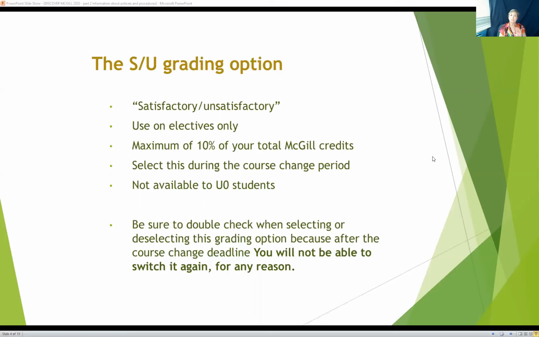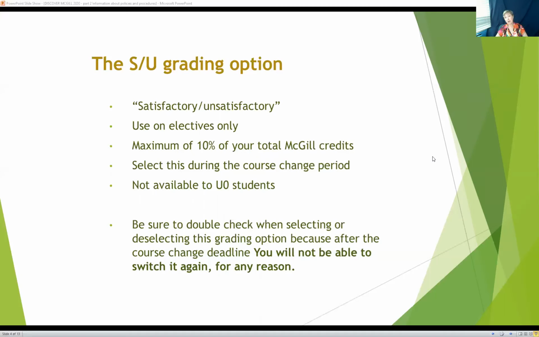In terms of what it means, let's say you choose this grading option on Minerva. You're the only one who knows that. The professor doesn't know you've chosen a different grading option. So the professor will give you a regular letter grade from A, B, or C, the same as everybody else, and you'll know what that grade was.